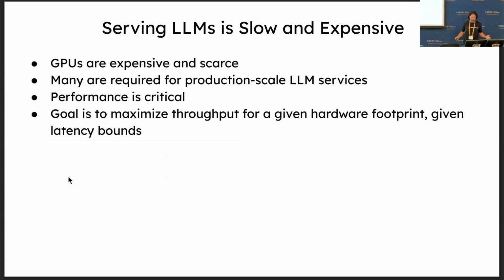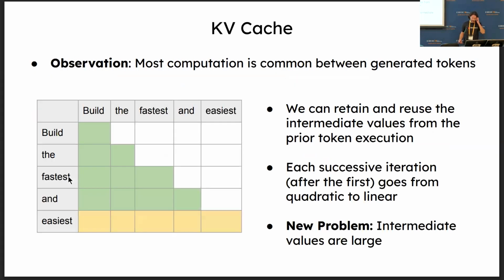So like I said, performance is critical. We want to maximize the throughput because that's basically what the cost is based on. The first thing we can do is see that between each token that's generated, the sequence being used is mostly common apart from the very last one. And there's a lot of redundant computation done in intermediate states that we can reuse from the first token to the second token.